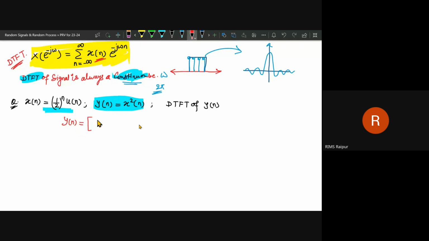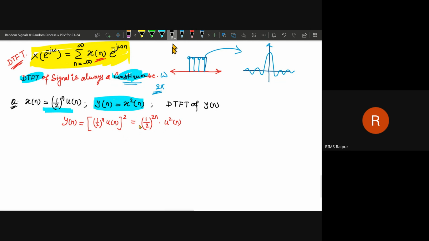Can anyone tell me what the expression for y of n will be? What if we square this x of n? Then what will we get? Okay. So it will be (1/2) raised to power 2n times u square of n.